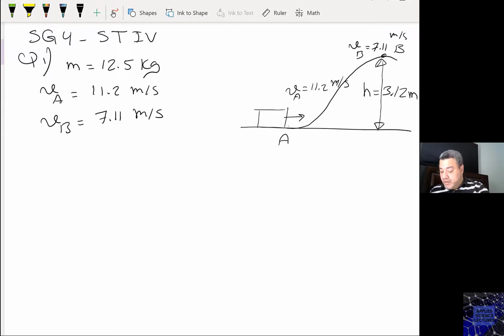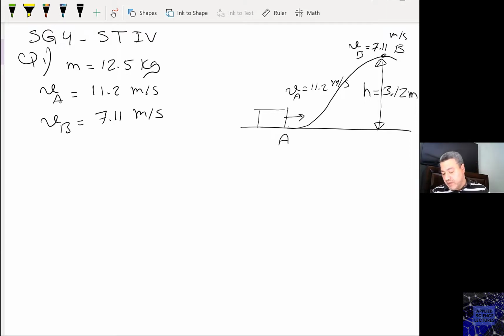Okay, so the thermal energy here will be produced due to the friction between the box and the slide. So it is very important to know that when we say thermal, it will be producing thermal, so the energy here will be positive energy. However, the friction here will give me a negative energy.